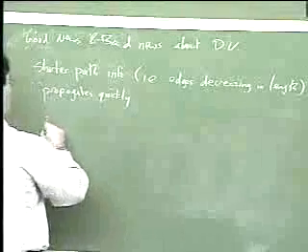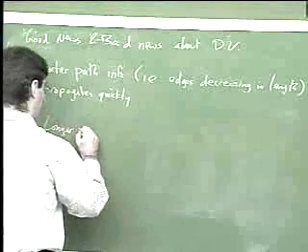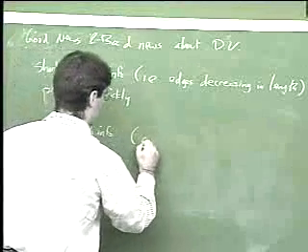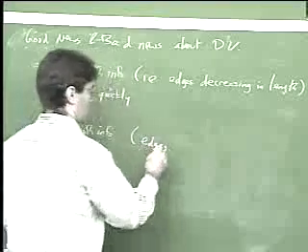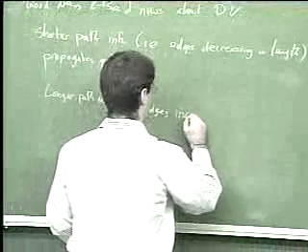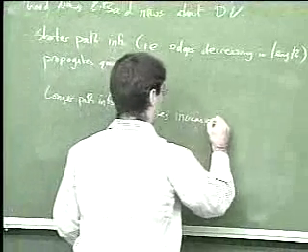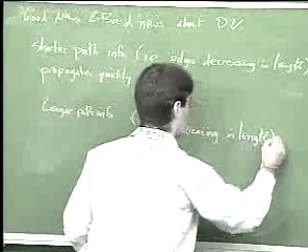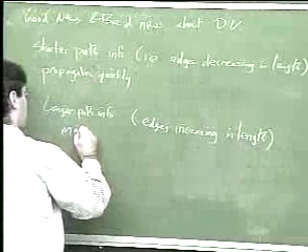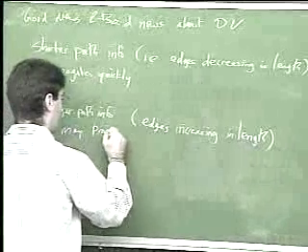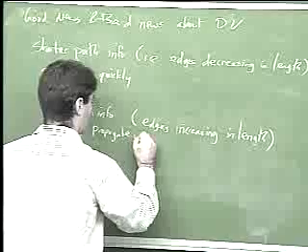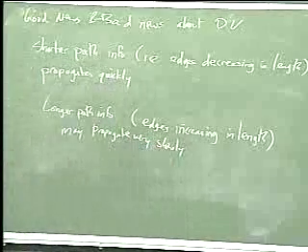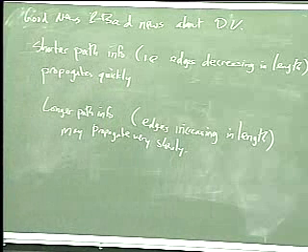Whereas longer path info, edges increasing in length, may propagate very slowly. And let me try and illustrate this problem.